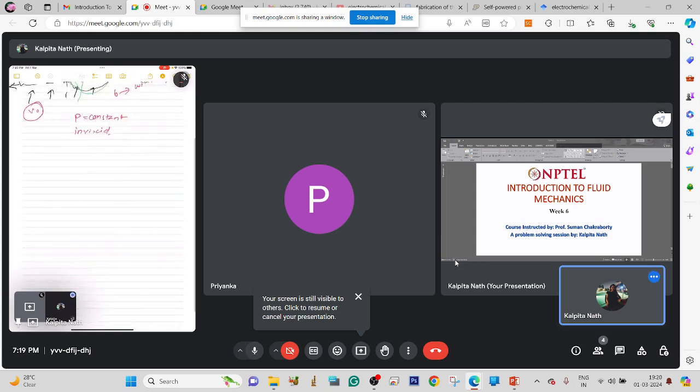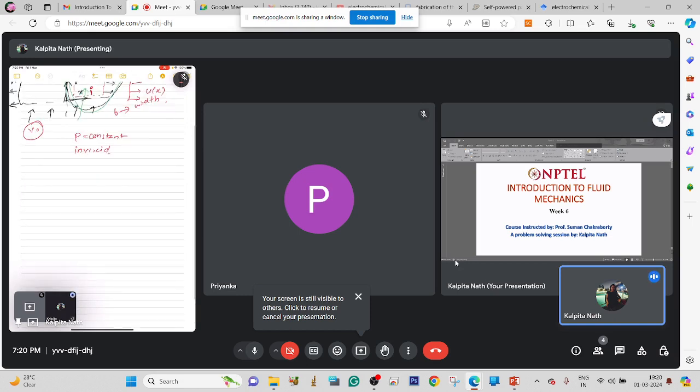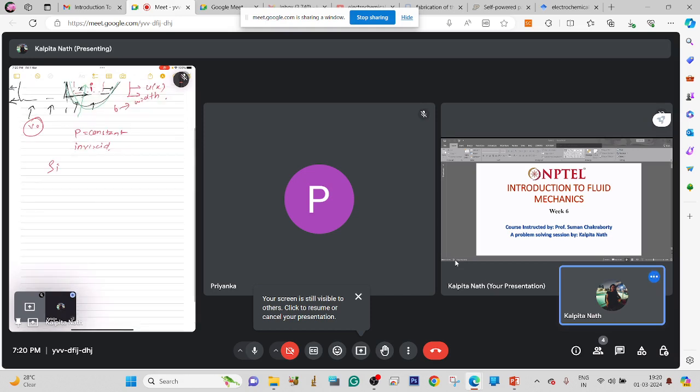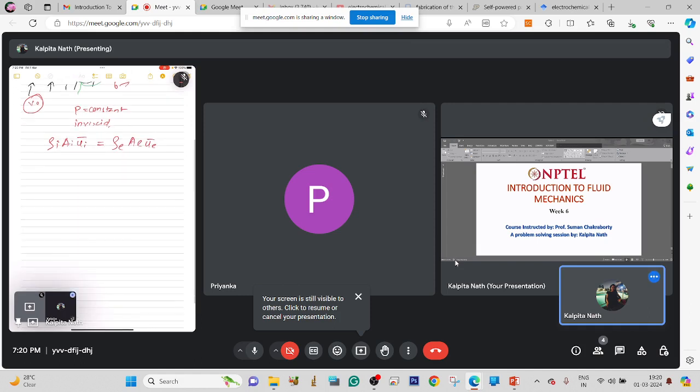Now if we do the mass balance, whatever is entering surface I, that means density times area times velocity, the mass flow rate, will be equal to the fluid that is exiting. As the fluid is inviscid, rho will be constant, so rho will cancel out.